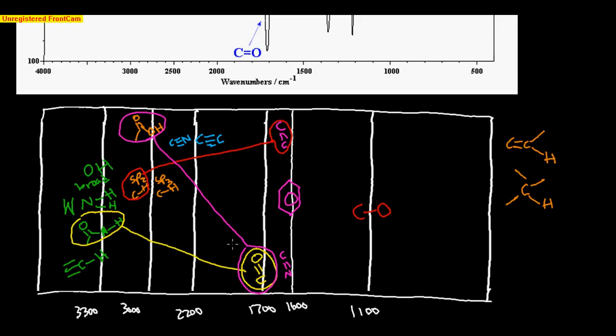Okay, and one more thing that I forgot to draw in earlier, but I will now, is the aldehyde, which looks like this. It will many times make a little shoulder. You'll almost always have the sp3 C-H on all organic compounds, and if you have an aldehyde, you'll have an extra little shoulder peak on it, something like that.